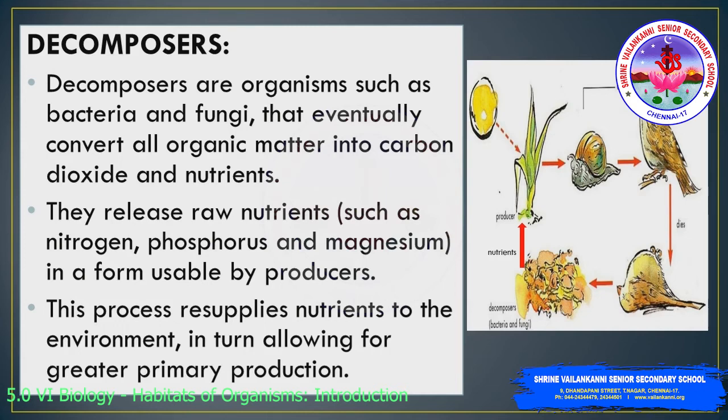In an environment, the nutrients that are absorbed from the soil by the plants are passed on to all the consumers. Decomposers thus help in recycling these nutrients back to the soil. This process resupplies the nutrients to the environment. In turn, this allows greater primary production, as you can see in this picture.